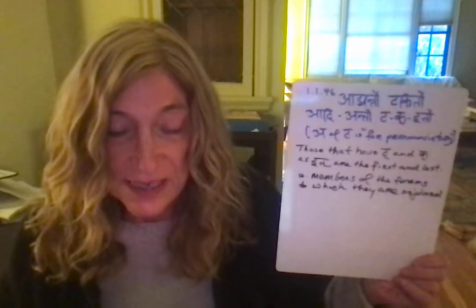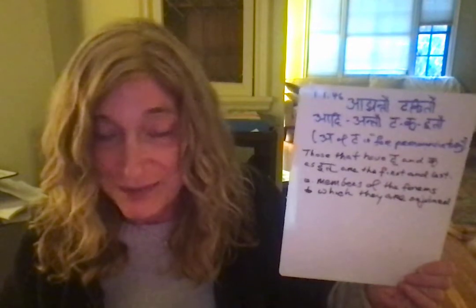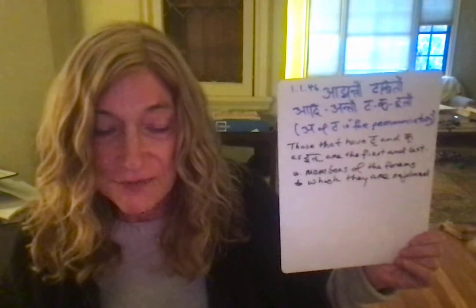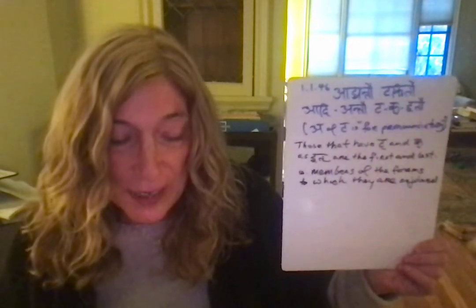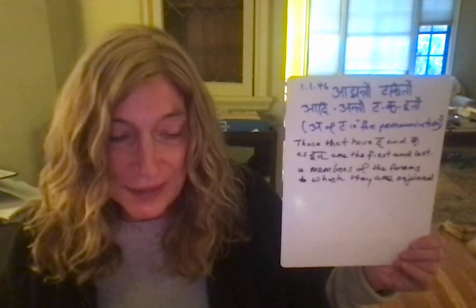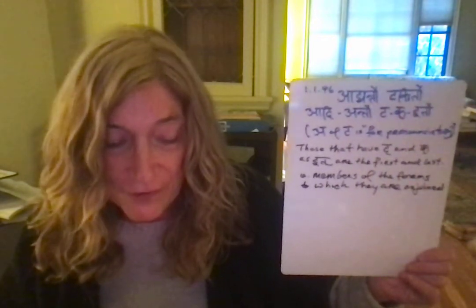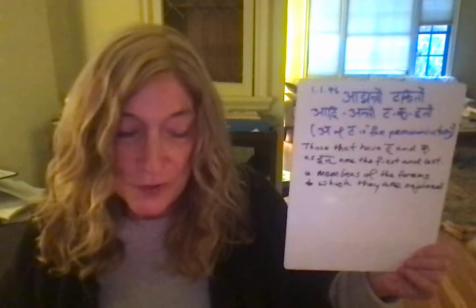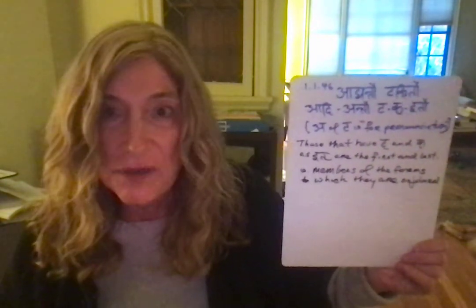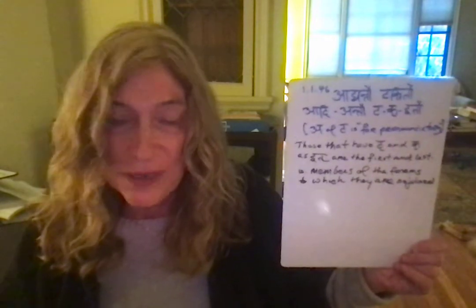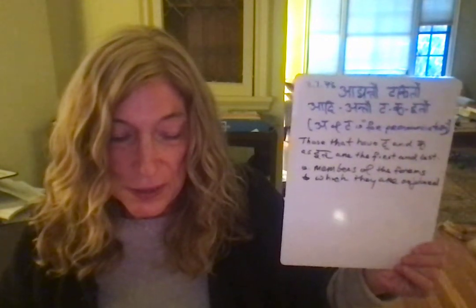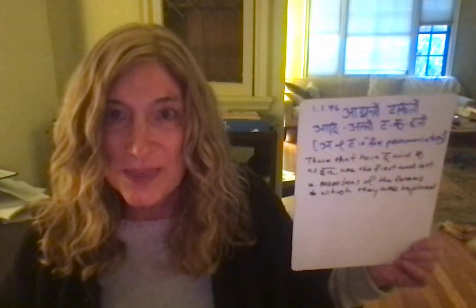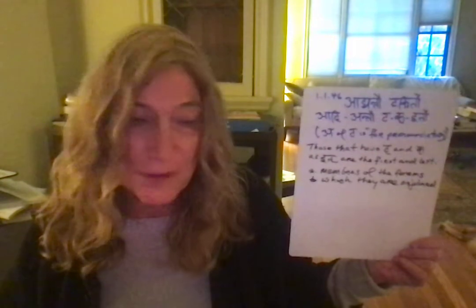So takitao is a dvandva and bahuvrihi, I guess, technically: those that have t and k for it. Now, it makes sense. What it's saying is those that have t for it come as the first member of a form to which it's enjoined, and those that have k as it come as the last of the form that it's enjoined to, and we'll get to a couple of examples of that.